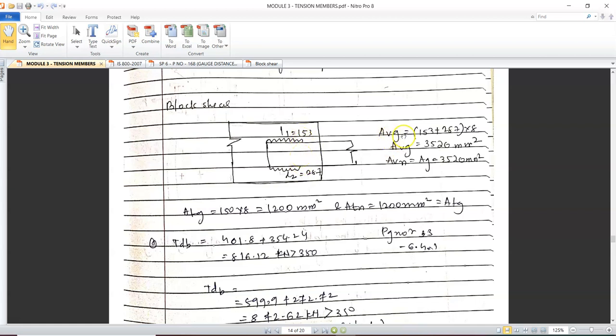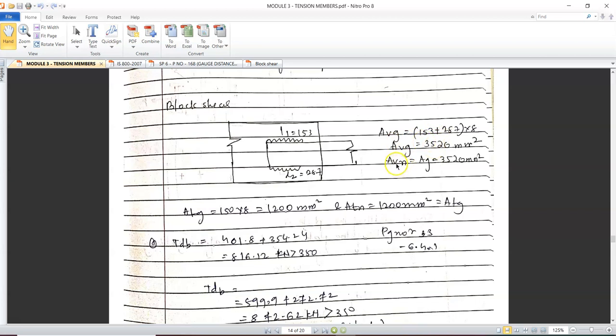That is, Avg, the shearing area, will be 153 plus 287, into the thickness 8, and that is the gross area under shear. The net area under shear also will remain the same, since there are no bolt holes.